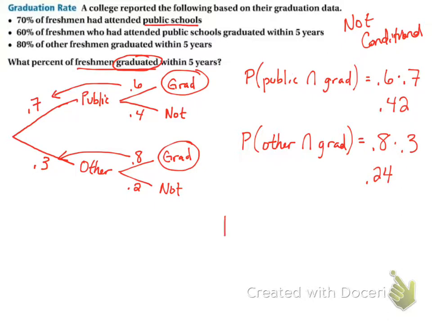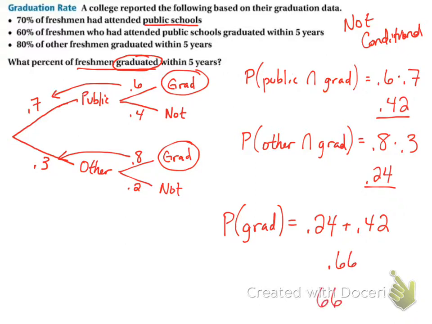So what I can do is to find the probability that freshmen graduated, I can actually add these together. I can add them because I'm looking for an OR from this. I'm looking for people that graduated from public or they graduated from an other. So that would be 0.24 plus 0.42. So when I add those together, I get 0.66, which is 66%.